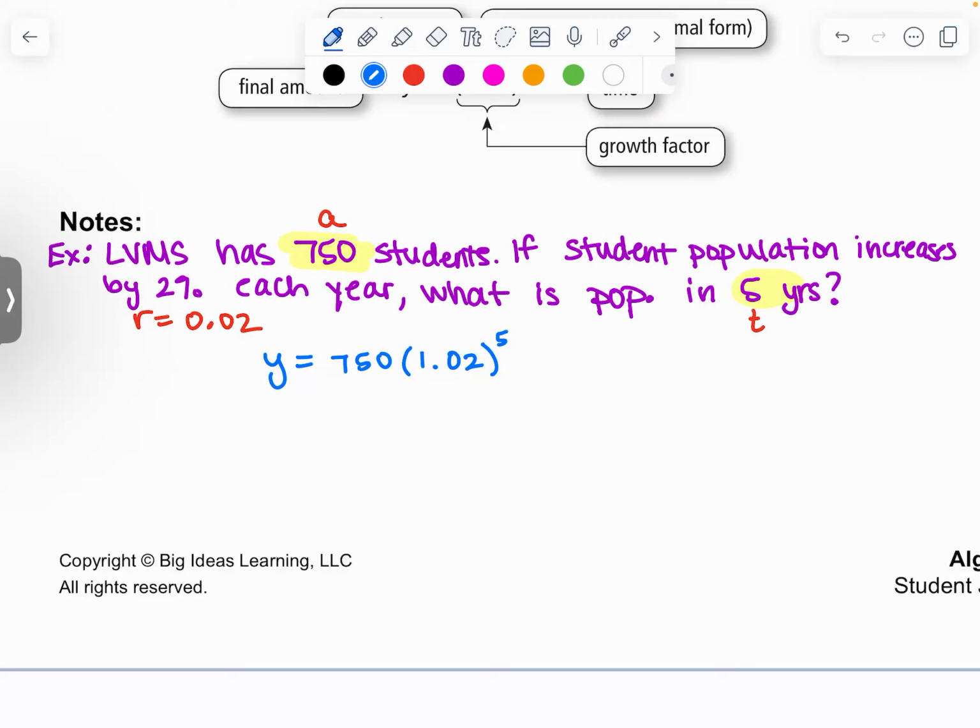That means raised to the 5th power. Then you can multiply it by 750. Syntax error means you didn't type it in right. How do I go back? 828.